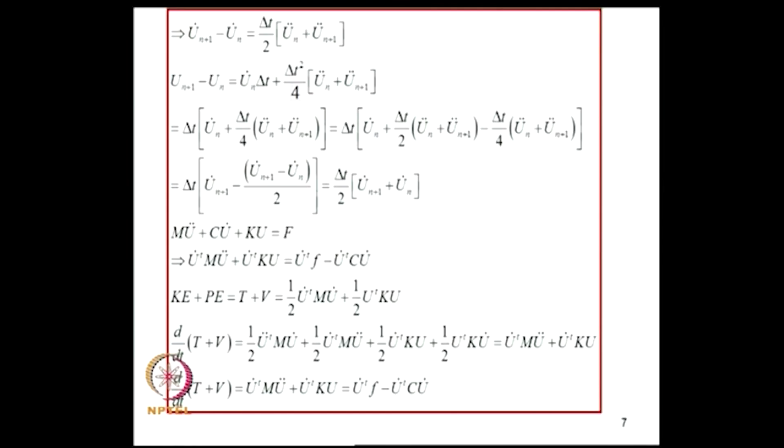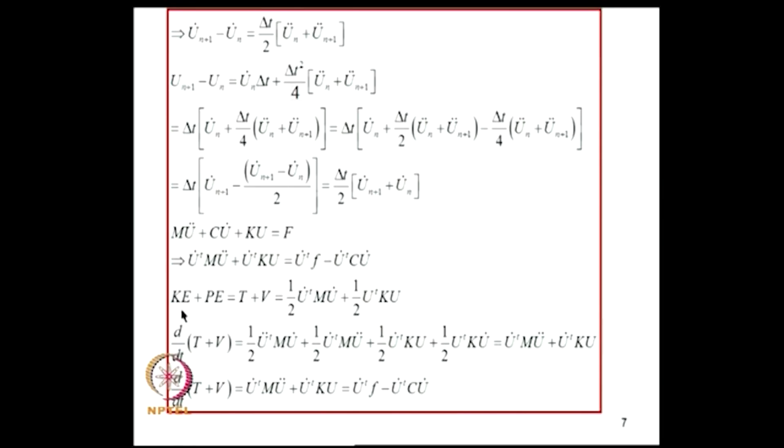For example, in a single degree of freedom system, force into displacement is work done, therefore force into velocity will be work done per unit time, which is the power input. So, this is basically the power balance equation, where we are equating the power input to the system to the contributions from inertial forces, stiffness and damping forces.